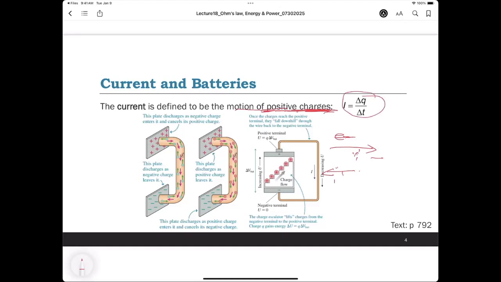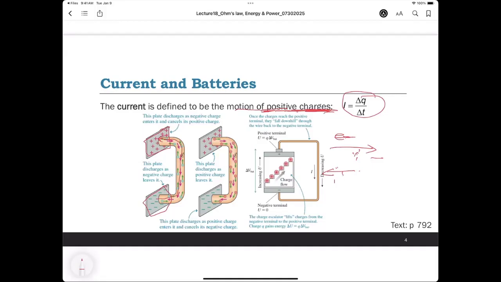Using this equation, you can see this is like a parallel plate capacitor, with a positive plate and a negative plate. The plate discharges as negative charge leaves it, and the negative charge enters the positive plate and cancels its positive charge.